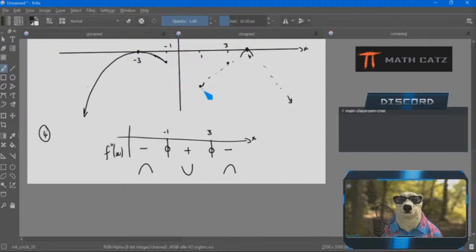I am going to just focus on my graph and then say, oh, that's -3 right there. Easy. It's not always that easy, but that's what I'm going to do. And no one can stop me.